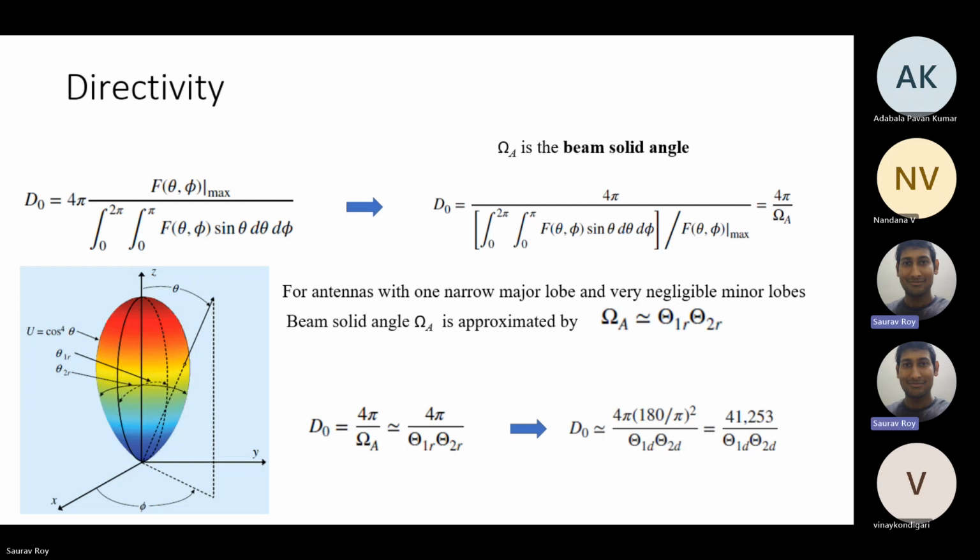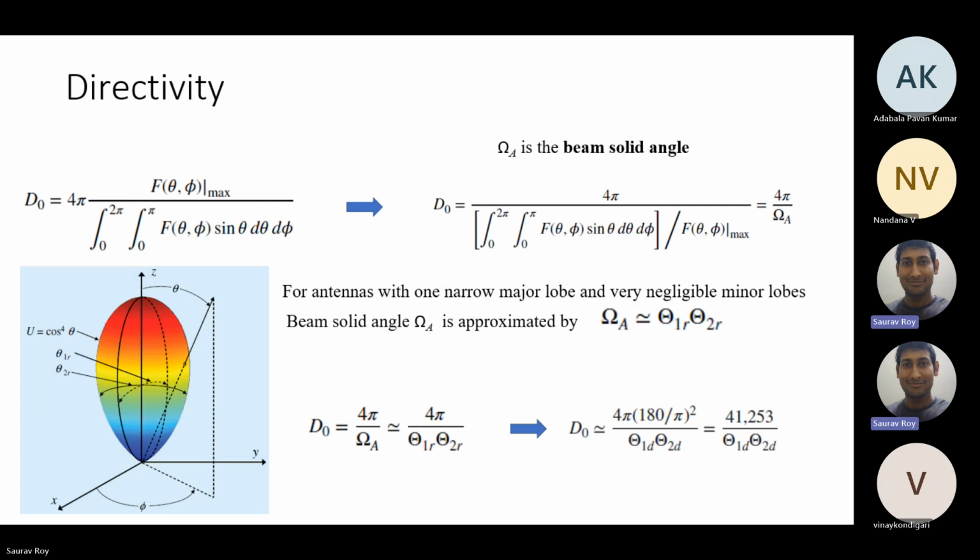This beam solid angle can be calculated from your radiation pattern, and that in turn can be used to calculate directivity. Note that the beam solid angle is calculated from the denominator, so the integral form can be used.